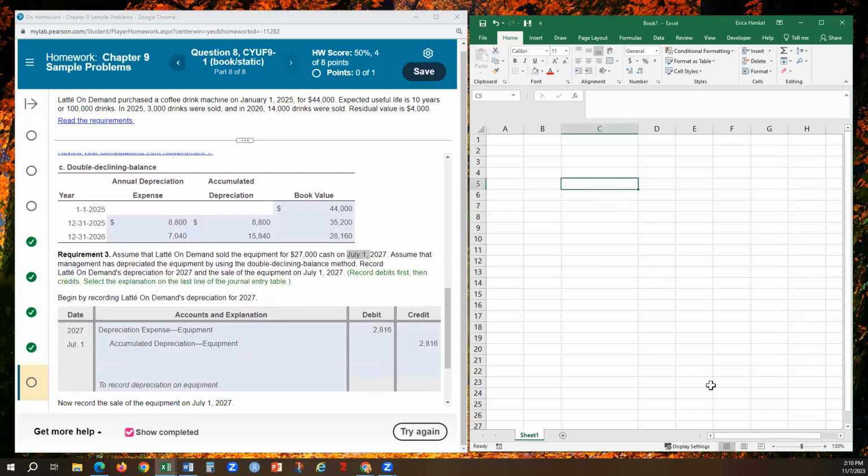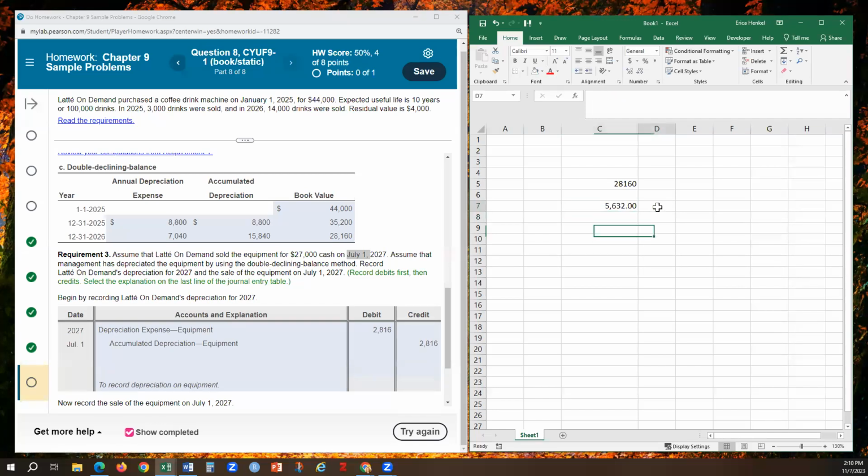So looking at that, we're going to take the original cost of the asset of $44,000 minus our accumulated depreciation of $15,840, which, by the way, is this $28,160. So that $28,160, we are going to multiply that times 2, and then we are going to divide it by the number of years that we are depreciating the asset for.